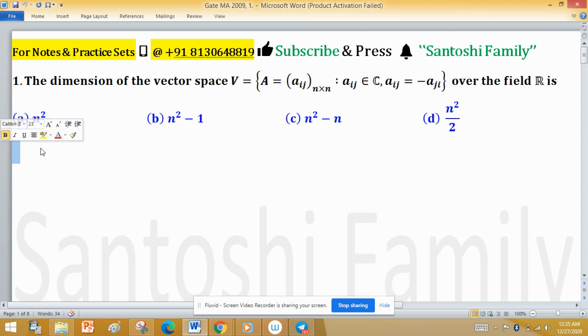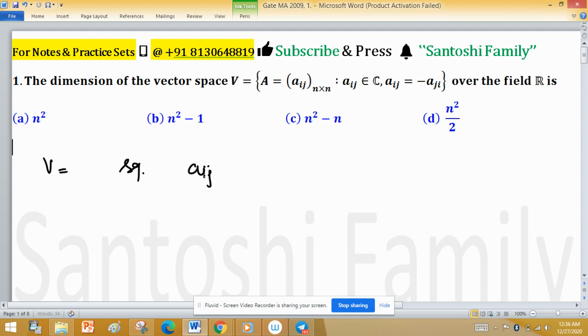Now first understand what is the meaning of dimension, and dimension over the field. As we change a field, the dimension of the vector space also changes. This is a vector space V defined by square matrices having the property that the ijth entry is equal to minus the jith entry.